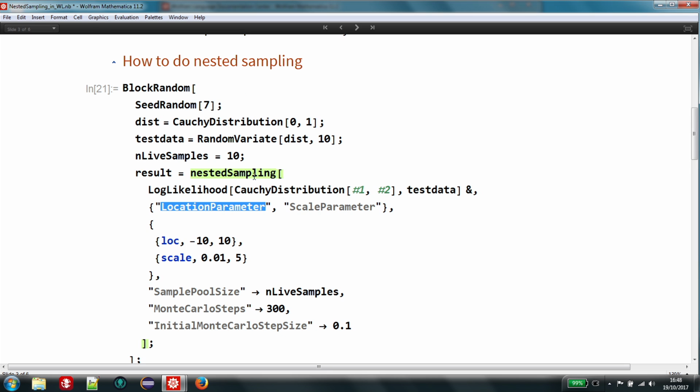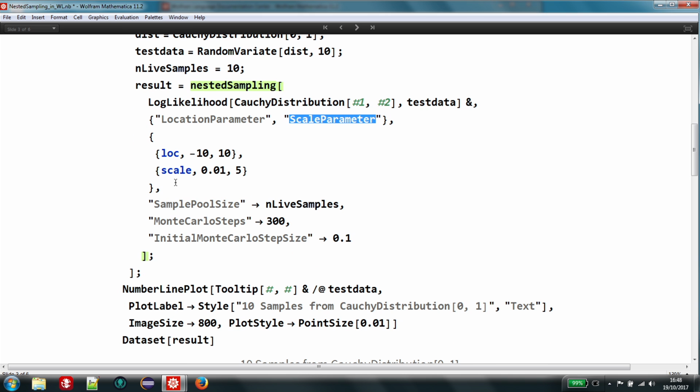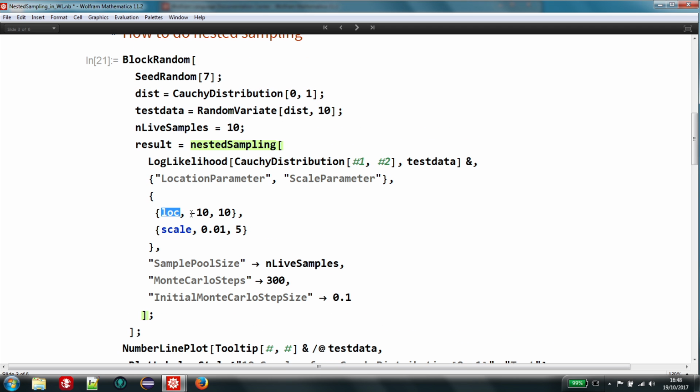So I say that the first argument is a location parameter, the second argument is a scale parameter, and that automatically gives me in this code the proper priors to use for those parameters. And then I say, well, I want to investigate my location parameter between -10 and 10, and my scale parameter from 1 over 100 to 5. And I believe that the true values are in there somewhere, in that range.